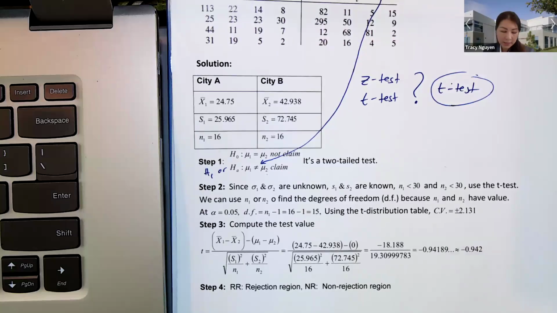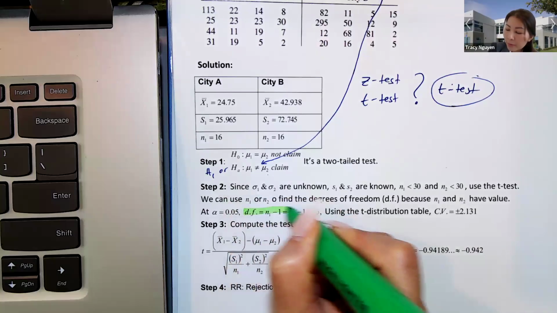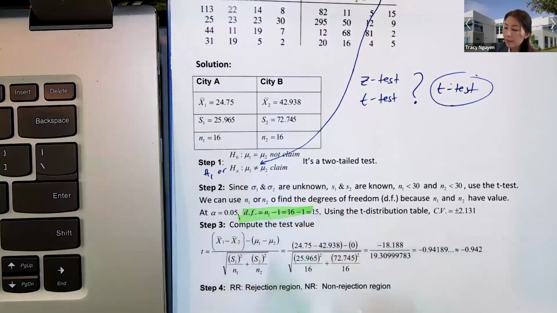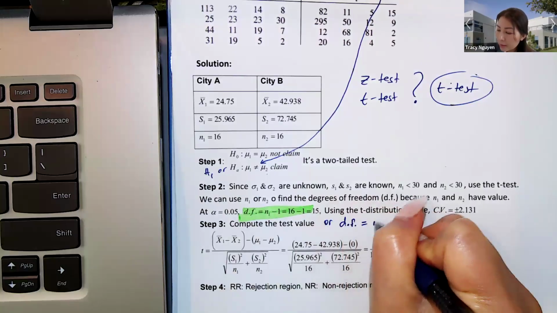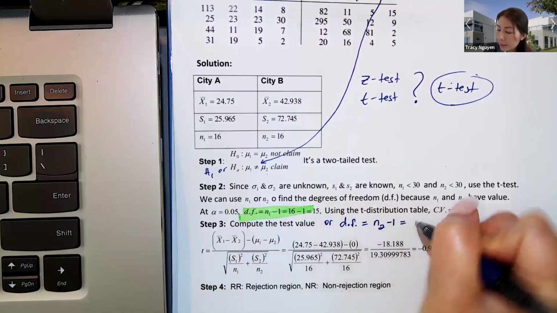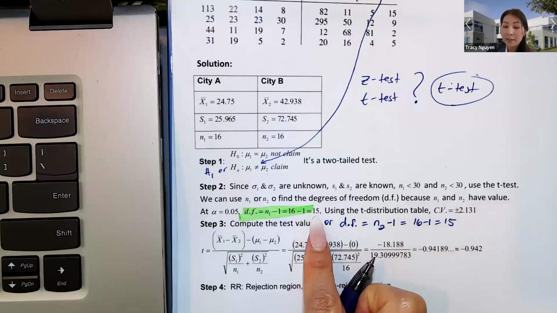But like I said earlier, it doesn't matter which n value you use. So here you can say the degree of freedom equals n1 minus 1, or in this problem, you can say the degree of freedom equals n2 minus 1, which still gives you a degree of freedom of 15, okay?